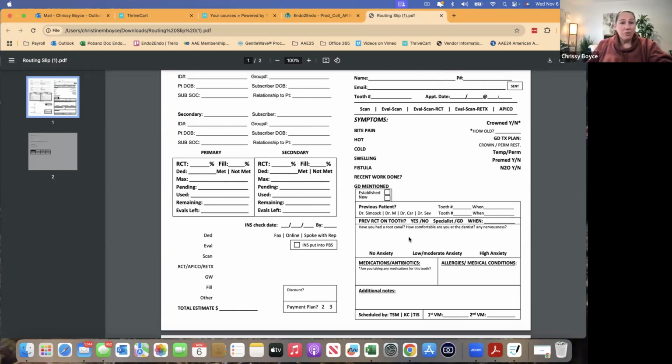You don't always have to waste the doctor's time, because we don't like to do consultations. We call them time wasters. We went to school to do root canals. If they fill their schedule with these low cost consultations, it's a waste of everyone's time. So whatever we can do at the front office to answer the question, educate the patient, help them feel comfortable, then we just schedule them for treatment.